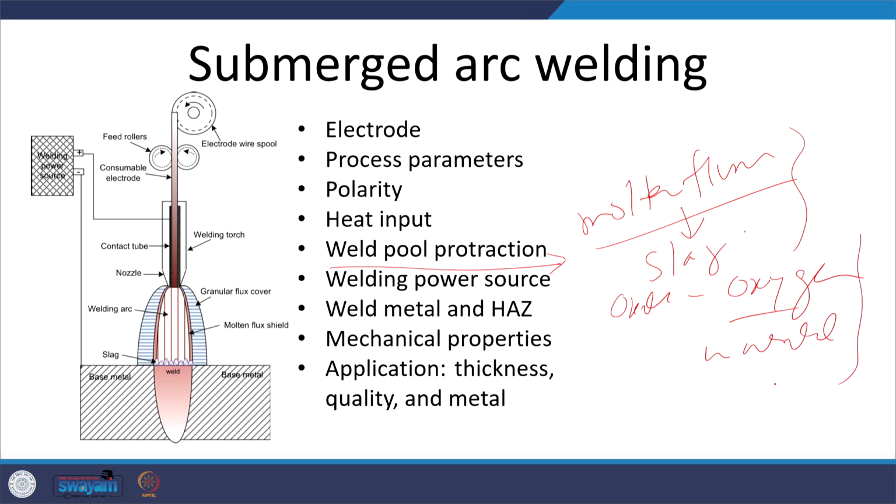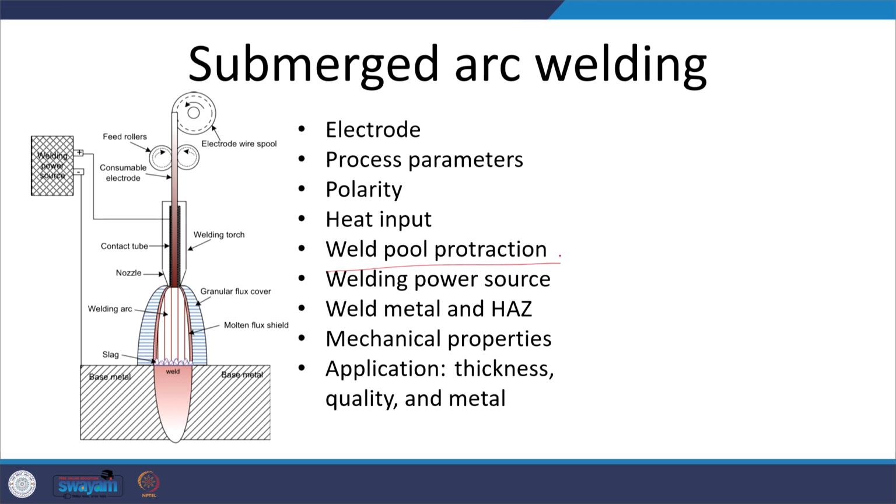So, in case of steel, if the acicular ferrite is promoted, then toughness is enhanced, but if that is not the case, then all the mechanical properties will be badly compromised. Why? Because of the reduced element transfer efficiency, or reduced concentration of the alloying elements, because some of these will get lost due to the interaction of the alloying elements with the oxygen. Okay. So, that is about the weld pool protection.